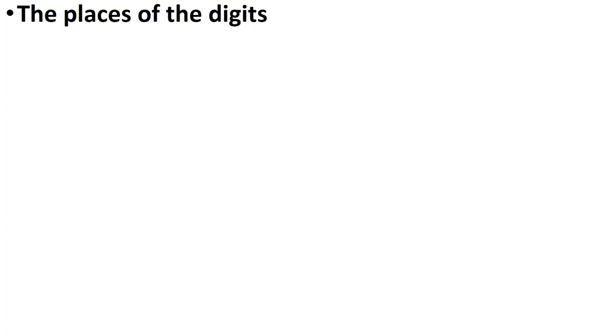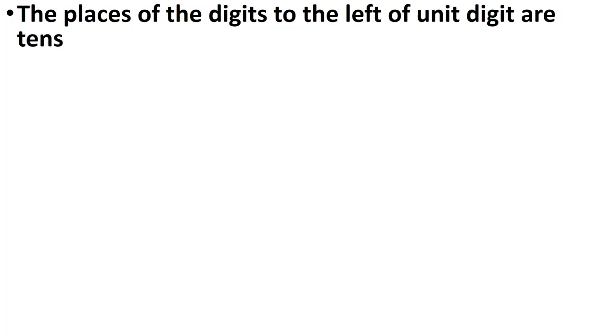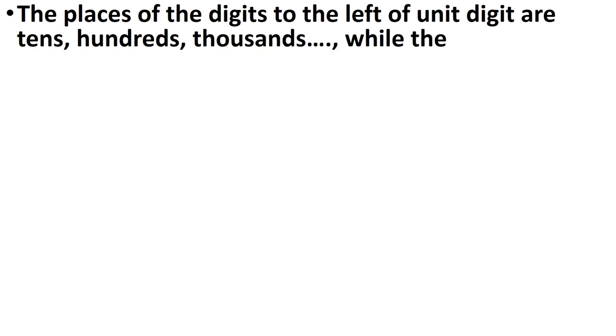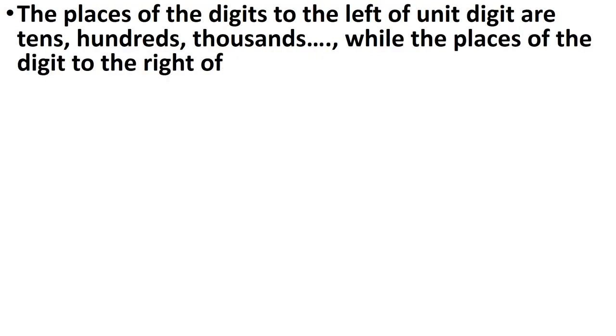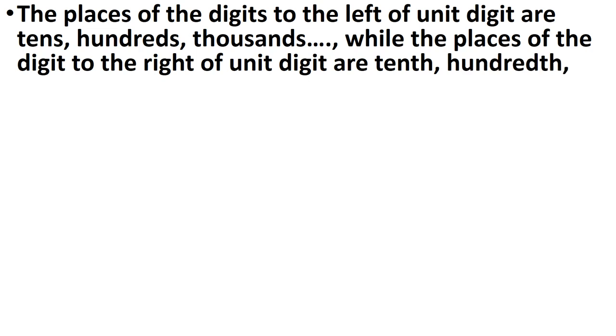The places of the digits to the left of the units digit are tens, hundreds, thousands, and so on, while the places of the digits to the right of the units digit are tenths, hundredths, thousandths, and so on.